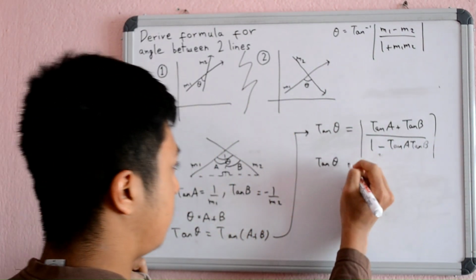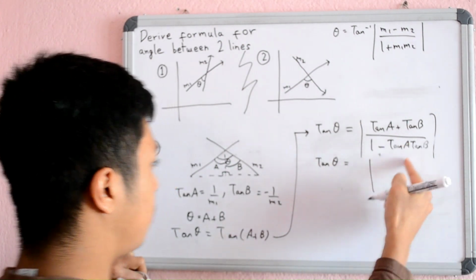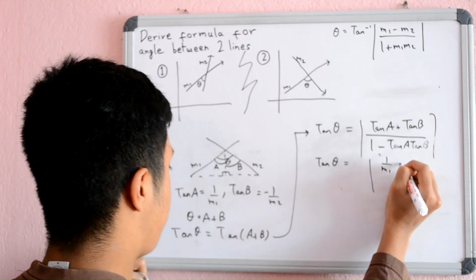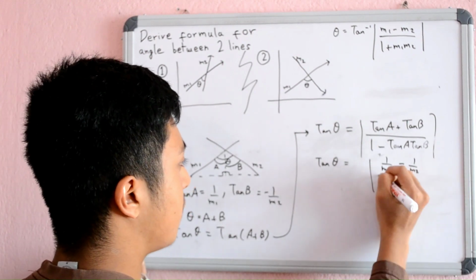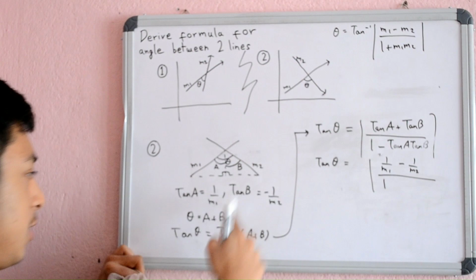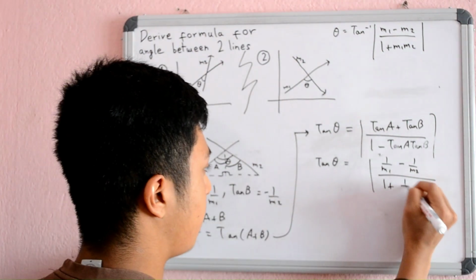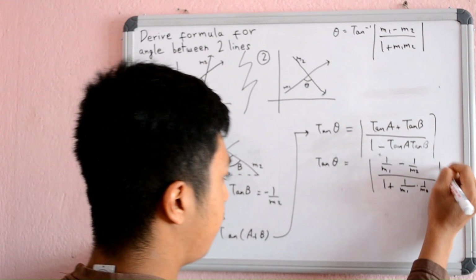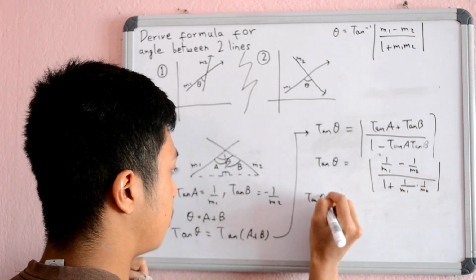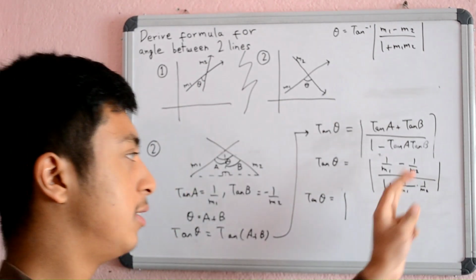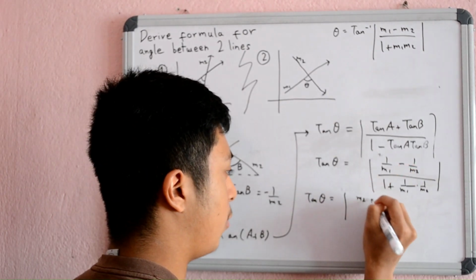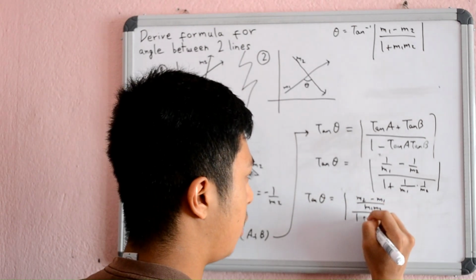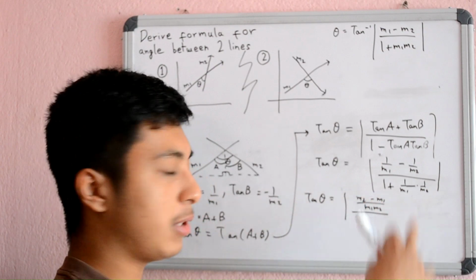So tan theta is equal to, let's put the values over here, 1 by m1 minus 1 by m2 by 1 minus (minus) 1 by m1 into 1 by m2. So tan theta is equal to, cross multiplying by m1 m2, m2 minus m1 by 1 plus, here this is simply 1 plus 1 by m1 m2.